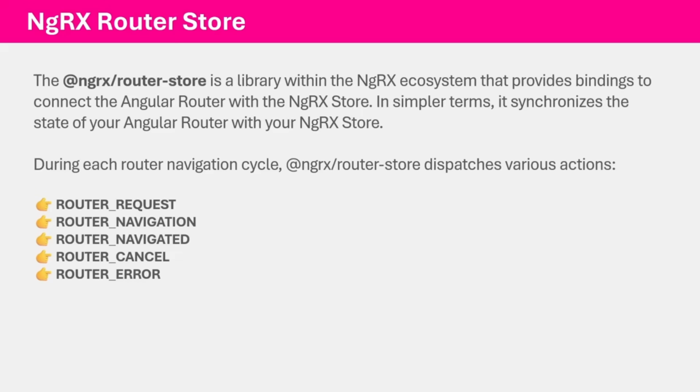Essentially, the router store makes the router's state, like the current URL, route parameters, query parameters, etc., part of your centralized NgRx store. So just like any other state of your NgRx application, you can also add router state to the NgRx store. And this we will see with an example.